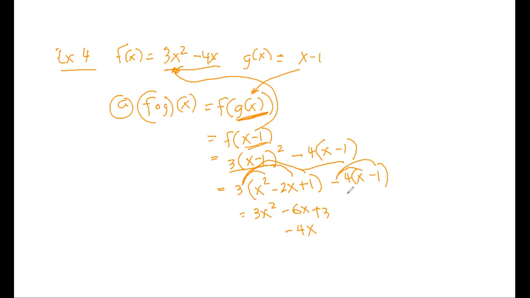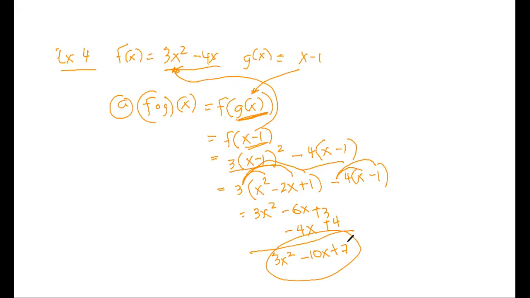Negative 4 times negative 1 is positive 4. Let's simplify. That's 3x squared minus 10x plus 7. This is now the answer for f composed of g of x.